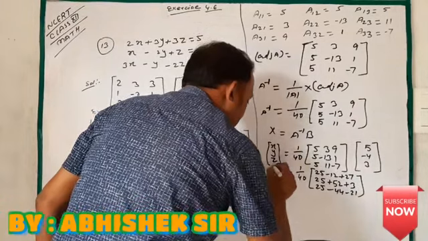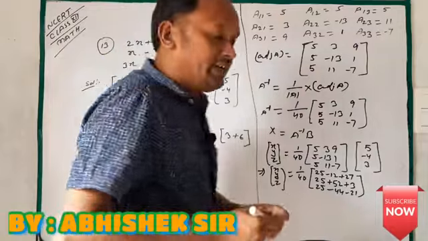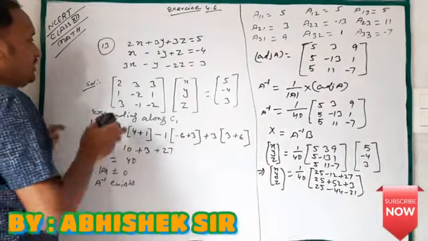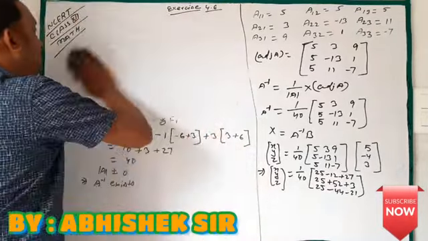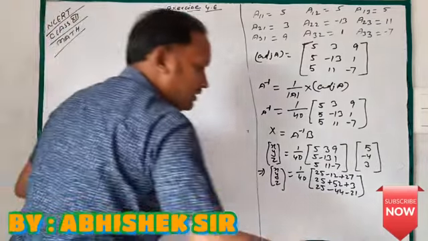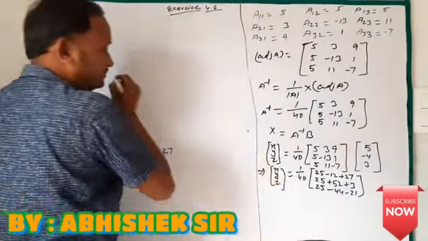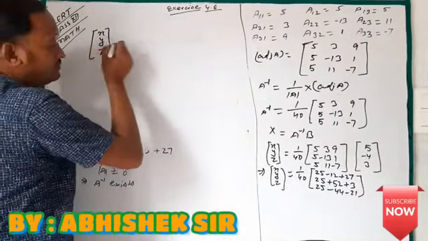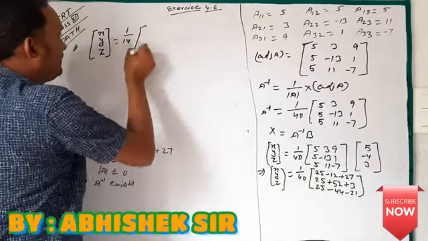X, Y, Z implies that, here student, I have to erase this much area. X, Y, Z is equal to 1 upon 40.